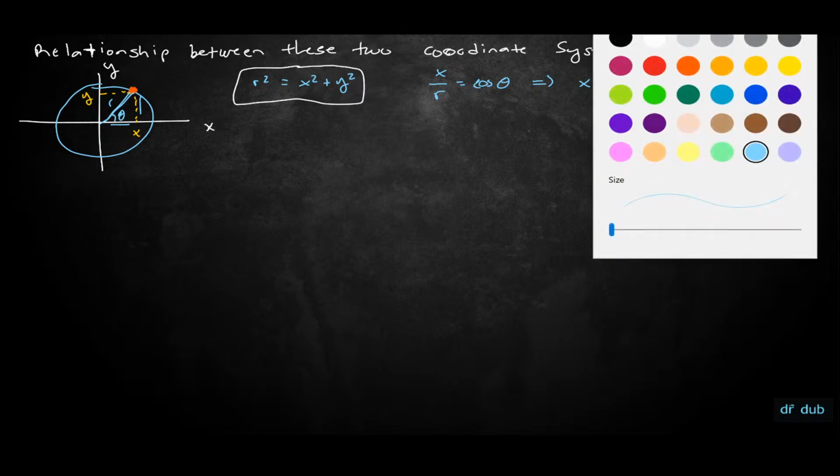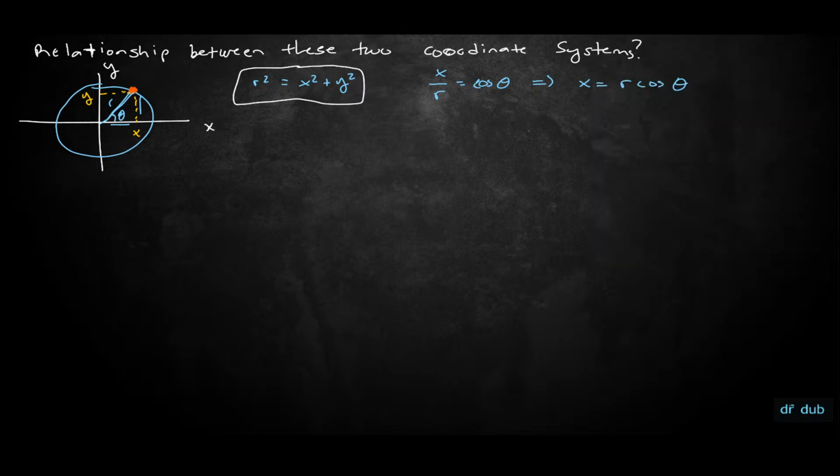So that's another important relationship. And similarly, y over r is equal to sine theta, which would tell us that y would equal r sine theta. So also important.